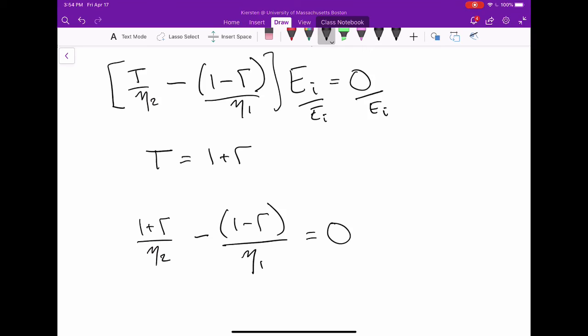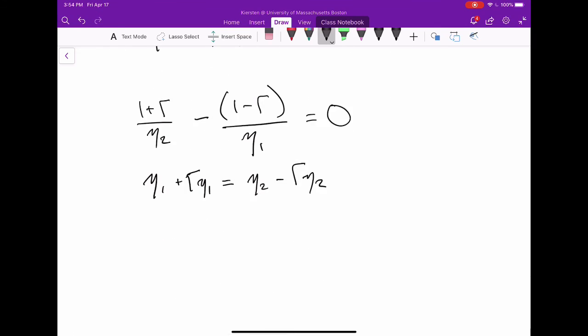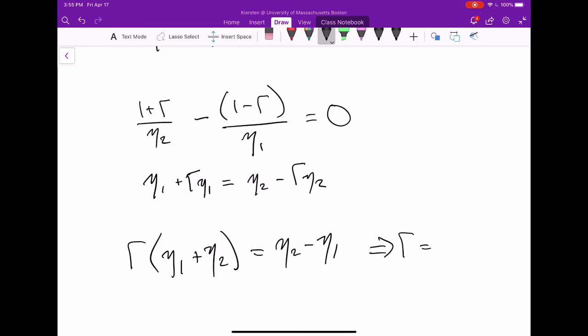Multiplying all this stuff out, we get eta 1 plus gamma eta 1 equals eta 2 minus gamma eta 2. Move some things around, we end up with gamma times eta 1 plus eta 2 equals eta 2 minus eta 1. So gamma equals eta 2 minus eta 1 over eta 2 plus eta 1.